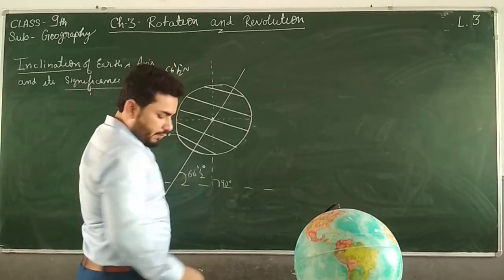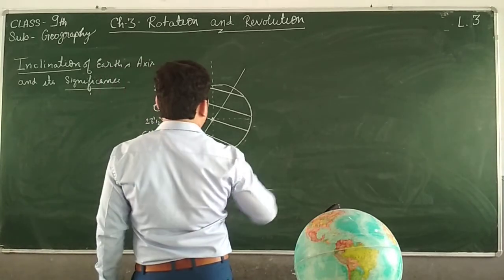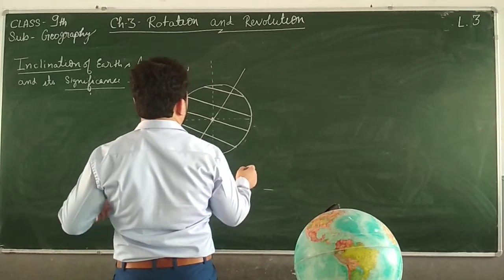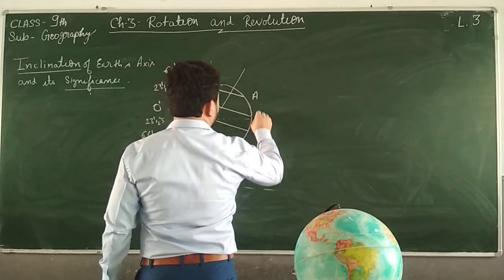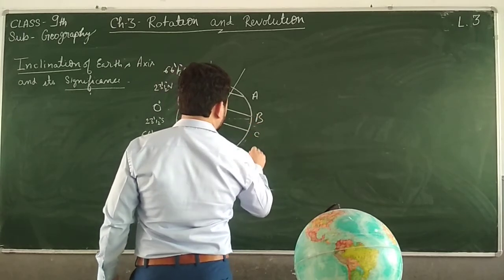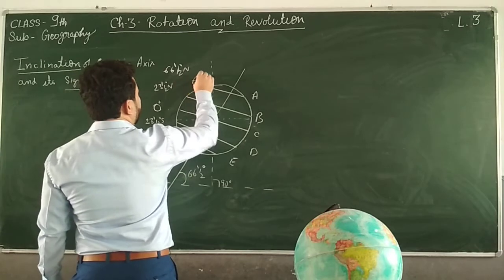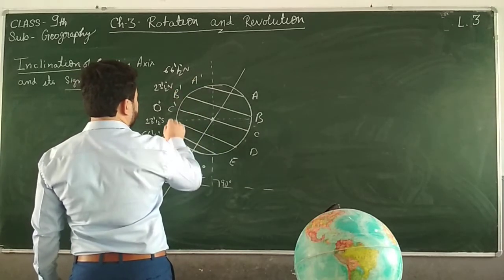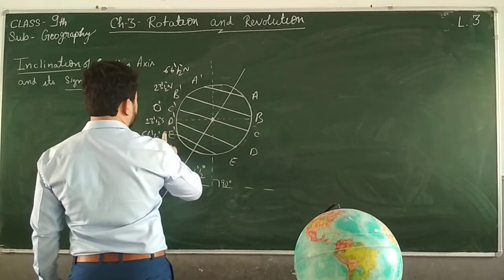Now what will we do? Now we will just name these lines like we have named earlier. So this will be A, this will be B, this will be C, D, and this will be E. Likewise, this will be A dash, B dash, C dash, D dash, and E dash.